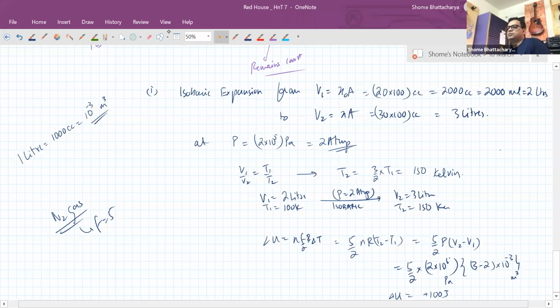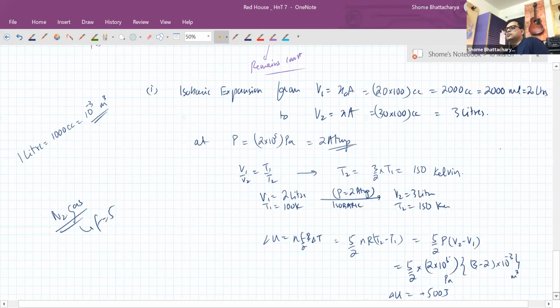Oh, sorry, 500 joules, my mistake. Yes, correct. Plus 500 joules. It's an expansion isobarically, so the internal energy is increasing.